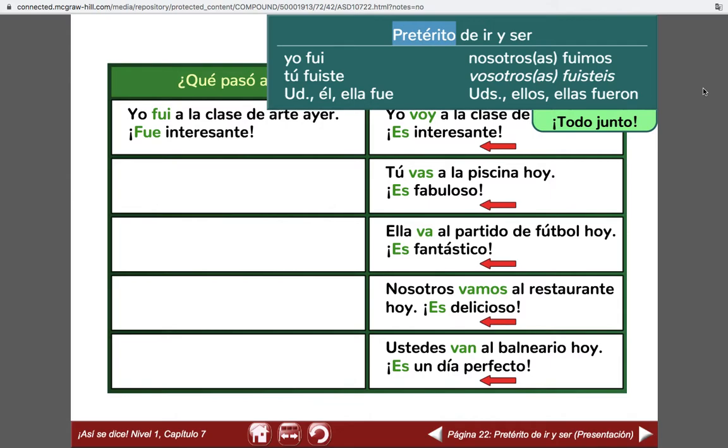In the pretérito, what's important is the time. So you're going to emphasize exactly when it happened, because these are actions that started and finished, and they were quicker. They happened in the moment, and they were not processes, habits, or routines, they were actions that took place and they ended.